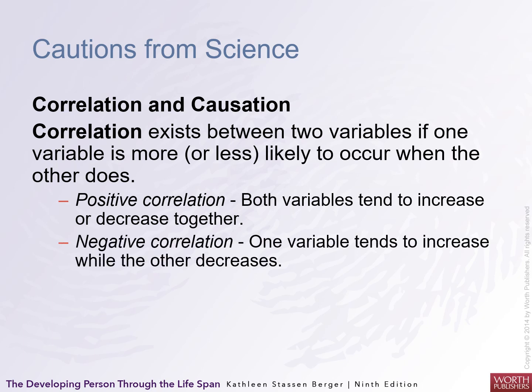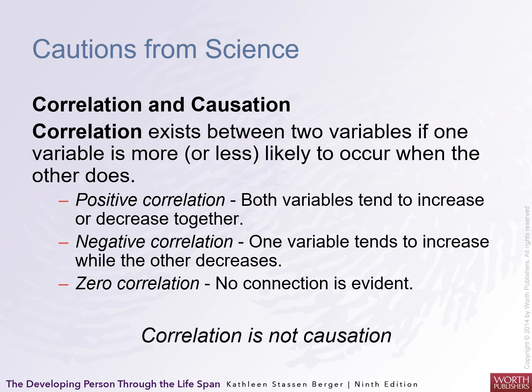And negative correlation means just the opposite, that when one goes up, the other decreases. No correlation, or zero correlation, means there's apparently no connection. That's very obvious, and it typically isn't. Just remember that correlation does not imply causation.